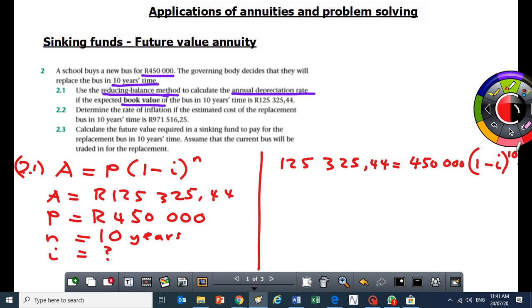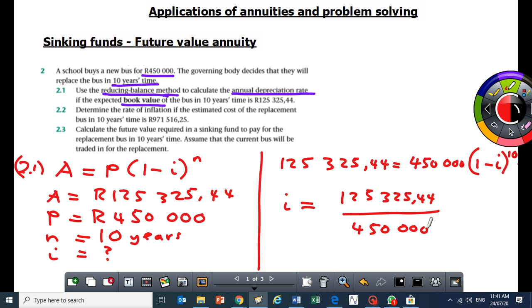Remember the objective is to get that i. Now that i, if I make it the subject, it's going to be equal to 125,325.44 over 450,000, because I have to divide both sides.